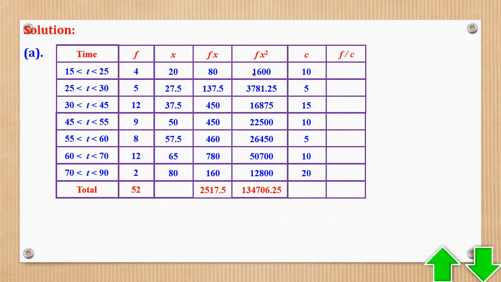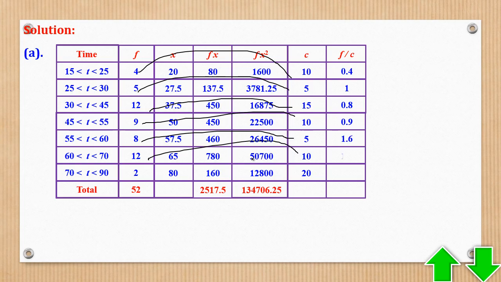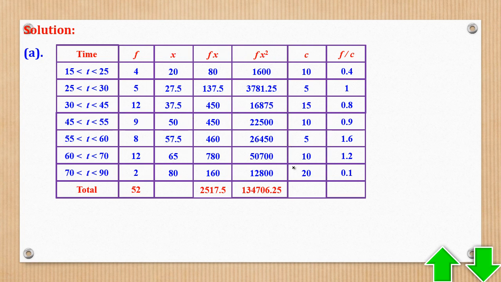So we have to get the column of frequency density, this over this, this over this, for each class. Okay, so now we are good to go.